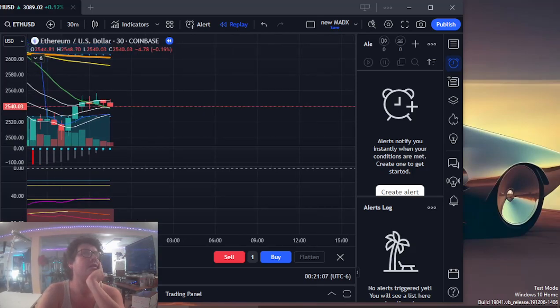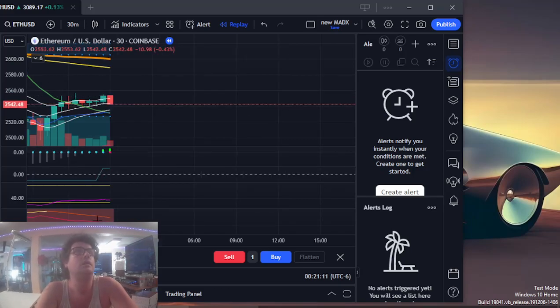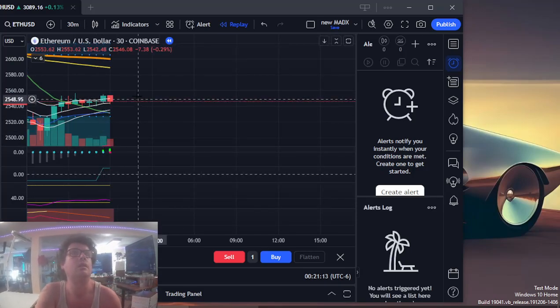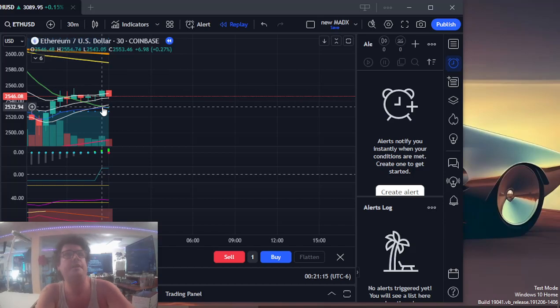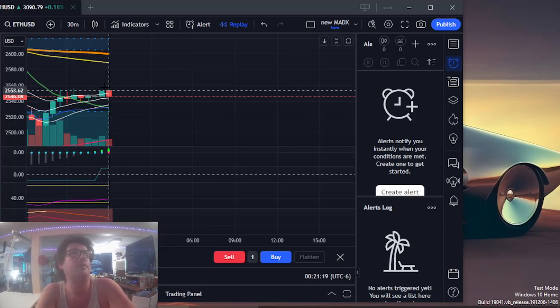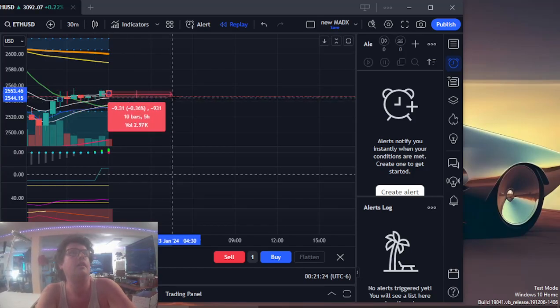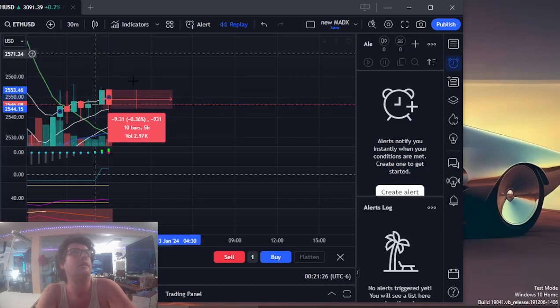Nothing yet. This might have been a setup. 1, 2, 3. I think it would have, but the candle sizes. Let's see here.